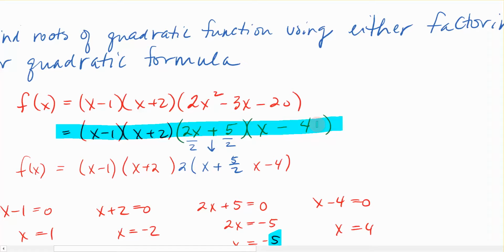MyMathLab, however, wants you to give the function back where the x term in each of these factors only has a coefficient of 1. And it's this little factor here, this group right here, which is giving me a problem, because this x has a coefficient of 2 on it.